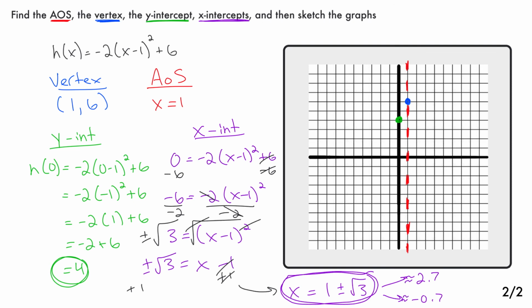So 2.7's right here, negative 0.7's right here, and now you can kind of see how these 4 dots that I have, the blue, the green, and the 2 purples, they kind of look like they're going to form a parabola, like they're going to form the shape of a U, because that's what they do. They form the shape of a U.